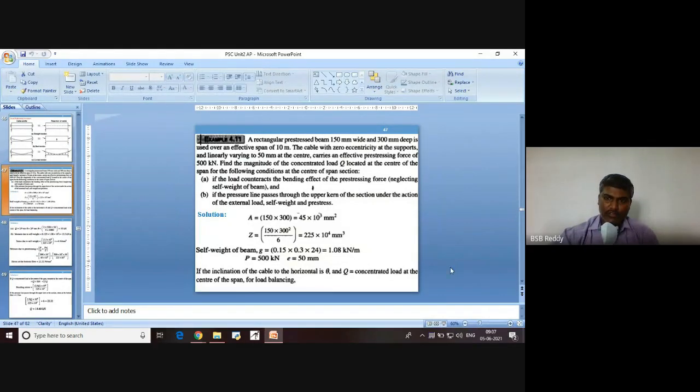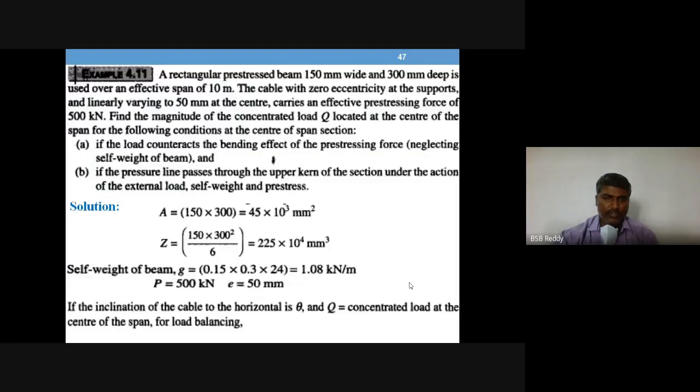We are solving for Unit 2, and we are using the load balancing concept to analyze the given section.